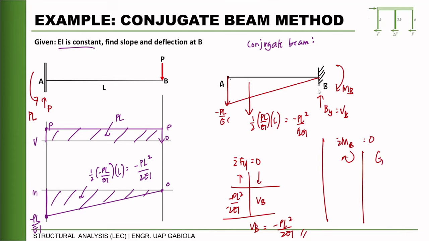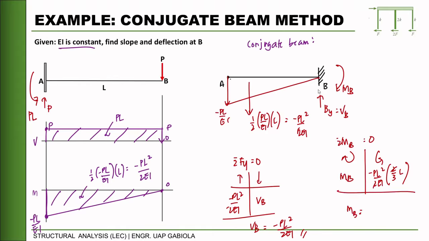So this is MB, and here we have negative PL squared over 2EI multiplied by 2/3 of the length. MB will be equal to negative PL cubed over 3EI, which is the answer.